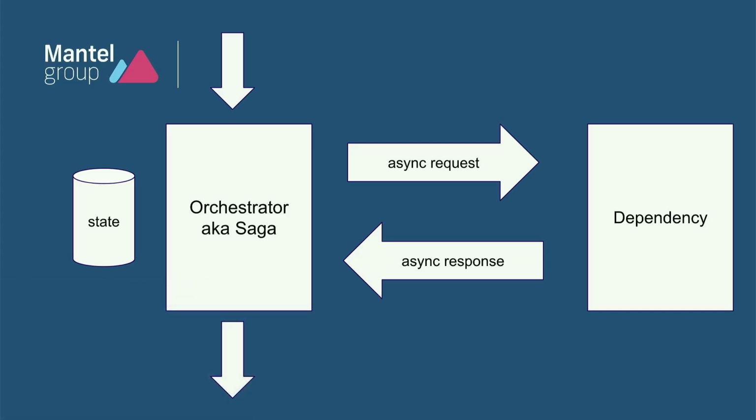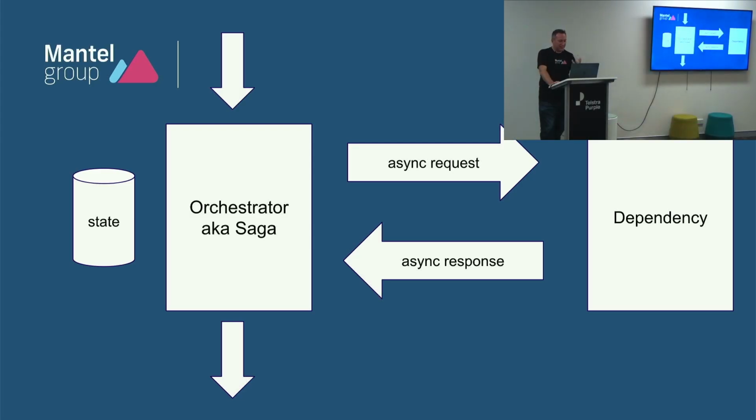So with orchestration, you've got this orchestrator. Another word for an orchestrator is a saga. Now, the whole point of a saga is it has state. A message comes into the top and initiates that saga, and that saga has some data in it, probably received from the messages, maybe some data it's created. And then that saga can contact a dependency.